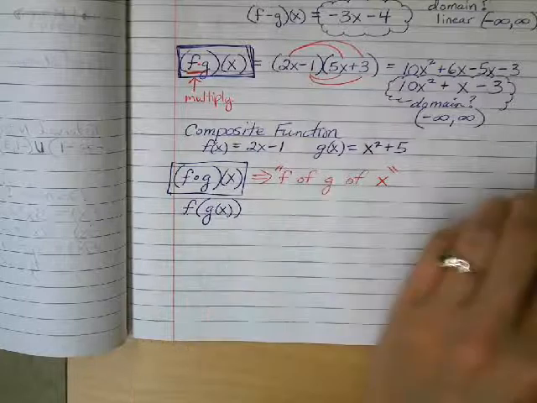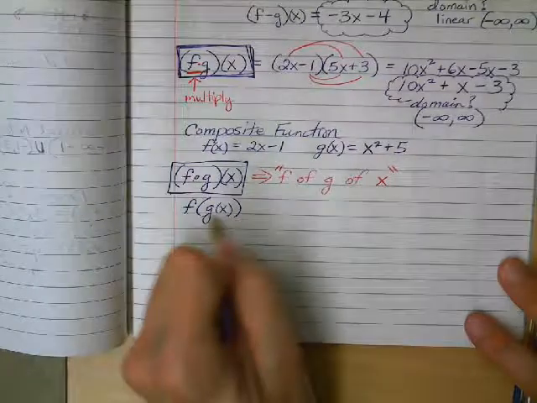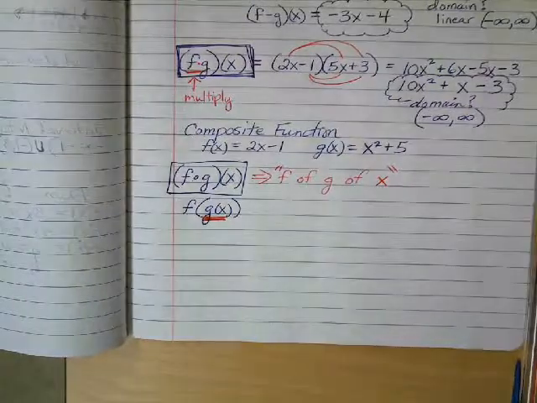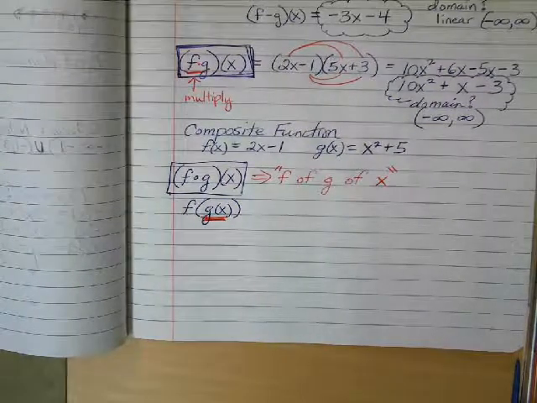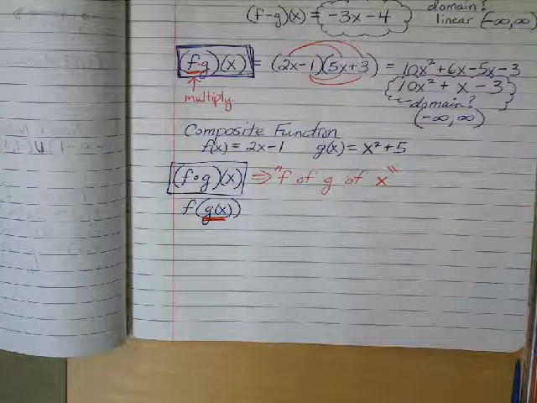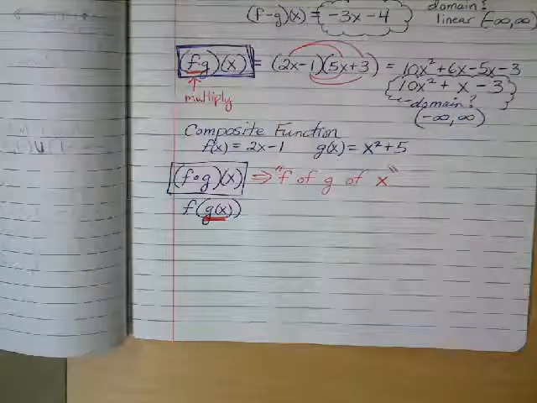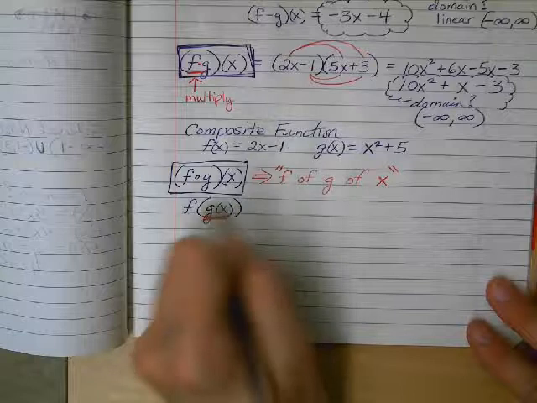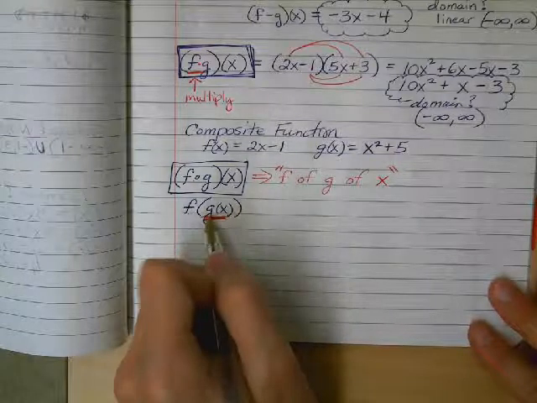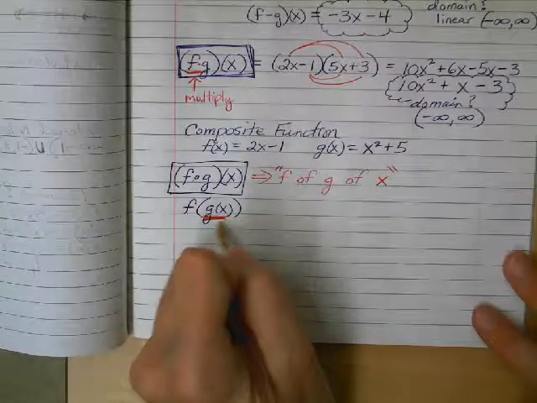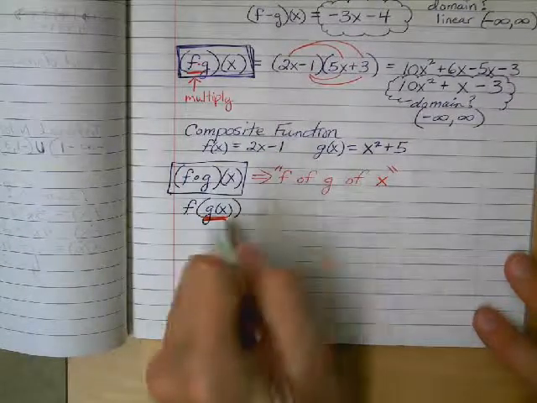I kind of like the second way better because I can see that the g of x problem is inside a parenthesis. That's the innermost problem, and it's going to go into the outside function. You start on the inside with g of x.